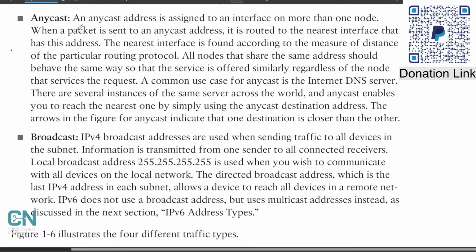Let's describe anycast. An anycast address is assigned to an interface on more than one node. When a packet is sent to an anycast address, it is routed to the nearest interface that has this address. The nearest address is found according to the measure of distance of the particular routing protocol.